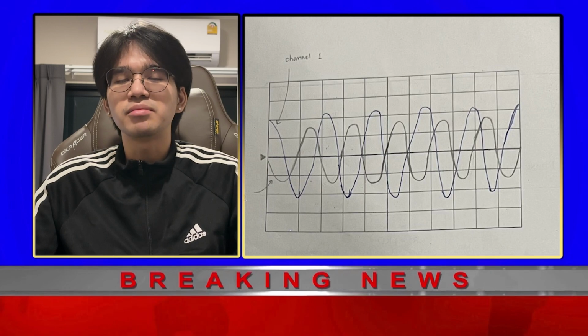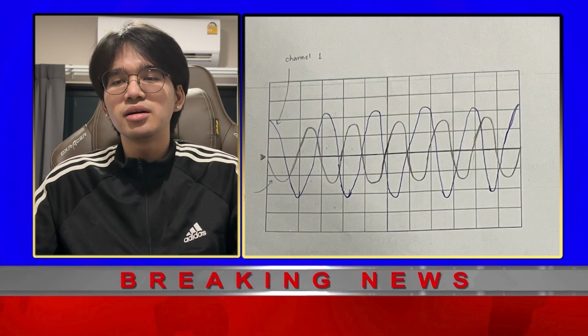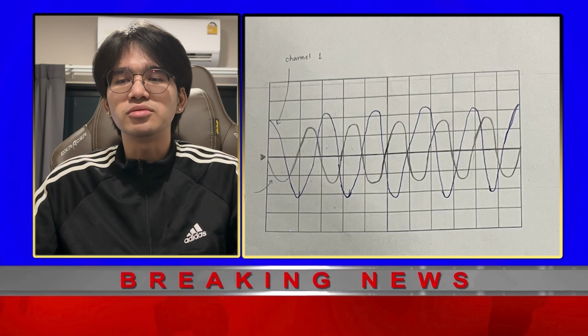From this experiment, the time shift is equal to 5 milliseconds and the period is equal to 20 milliseconds, which is divided, and we get 1 divided by 4 multiplied by 360, which gives 90 degrees.